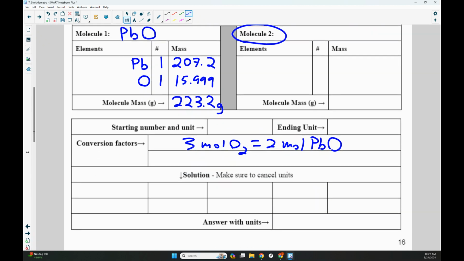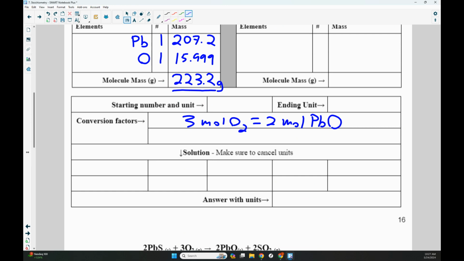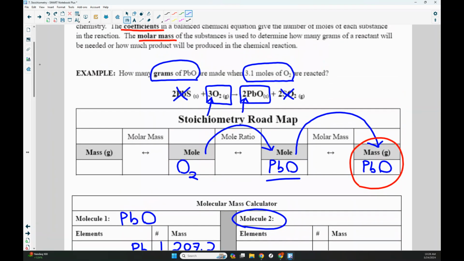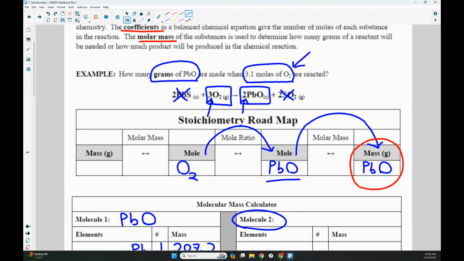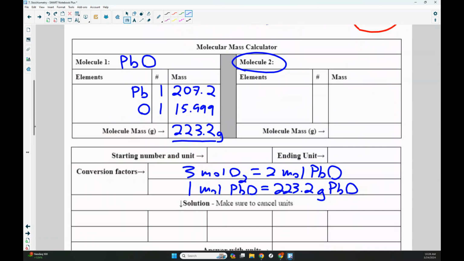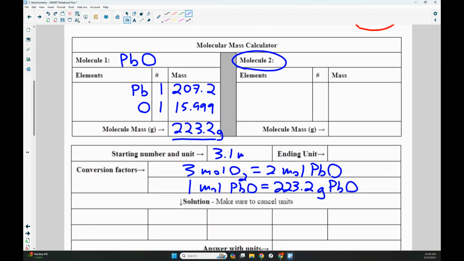And the conversion factor I'm going to use for that is what we calculated here. So that is 1 mole of PbO is equal to 223.2 grams of PbO. So I should have written down my starting number. That is what I got from the question, and it was 3.1 moles of oxygen. And I am trying to figure out how many grams of PbO will form from 3.1 moles of oxygen. So grams of PbO is my ending unit.